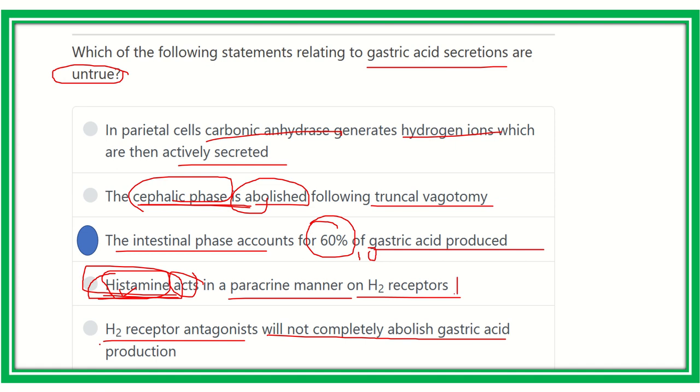It is also true, because H2 receptor antagonists, such as ranitidine and famotidine, act on the parietal cell of the stomach, but they cannot completely abolish the secretion of hydrochloric acid. So this is all about gastric acid secretion from the parietal cell of the stomach.